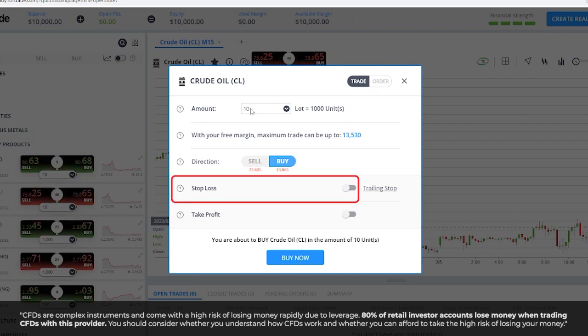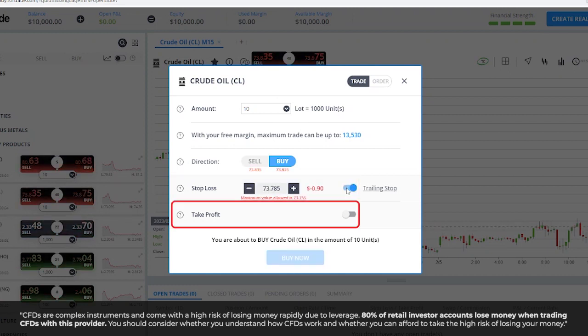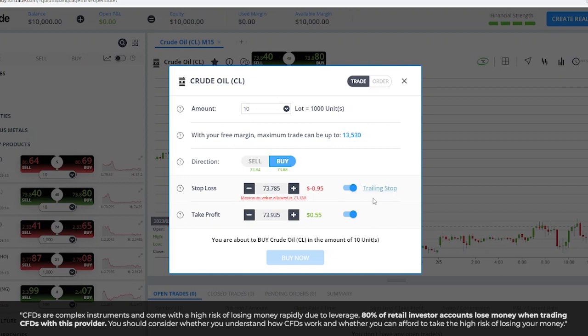The bigger the amount is, the more money you are putting into that trade. You have stop loss, take profit, and trailing stop options to choose from. You can find an in-depth explanation about the trailing stop and how to place one on our How to Open a Trade video. These stop loss and take profit options you have here are very important for you to understand.